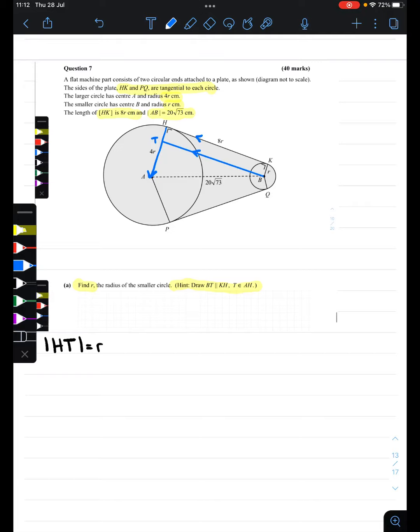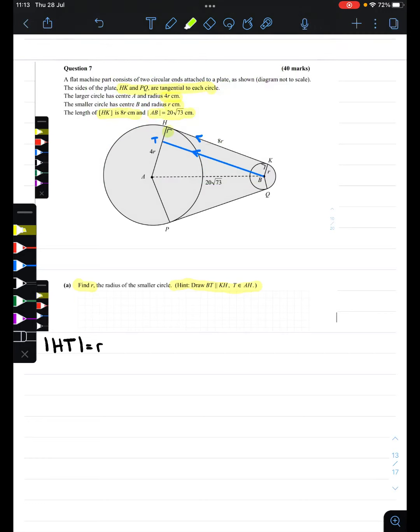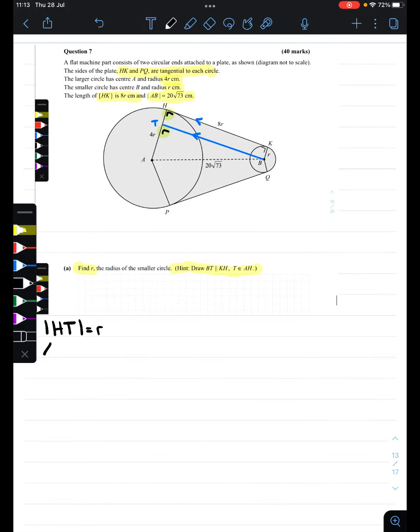And when a line cuts through two parallel lines, it makes the corresponding angles, which are these angles and these angles, or also this and this, equal. So since we know that this angle is a right angle, this angle must also be a right angle. So the angle ATB is 90 degrees.